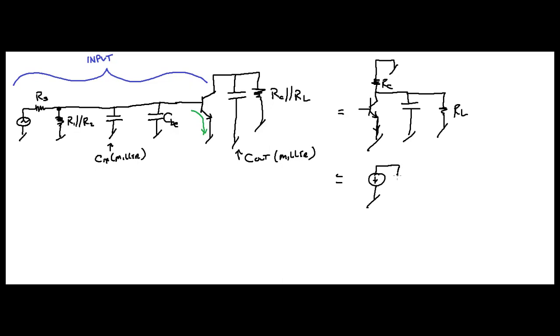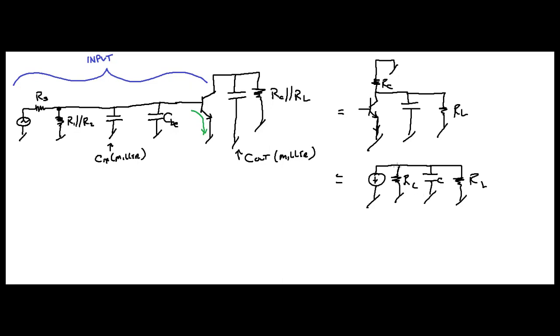You can then have an RC. We're just redrawing. This is all we're doing. Ground. Here's your capacitor to ground, and here's your load resistor to ground. RL and C. And this is your C out Miller right here.